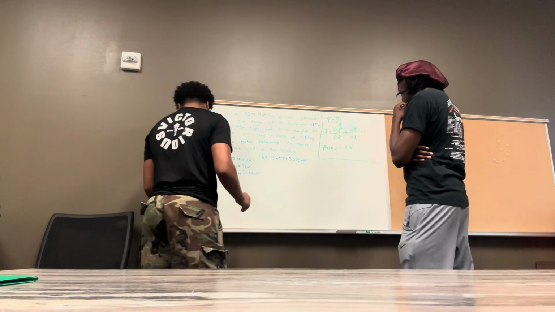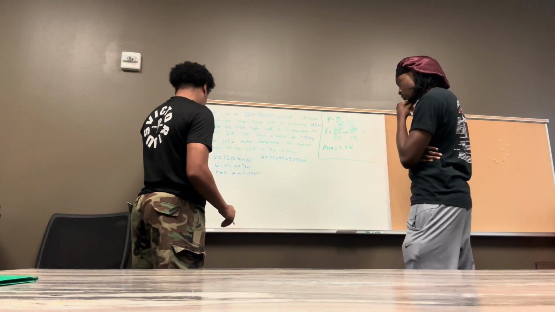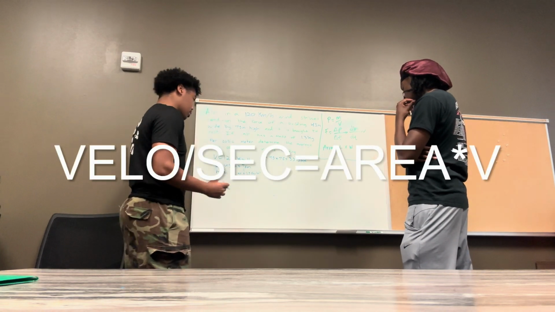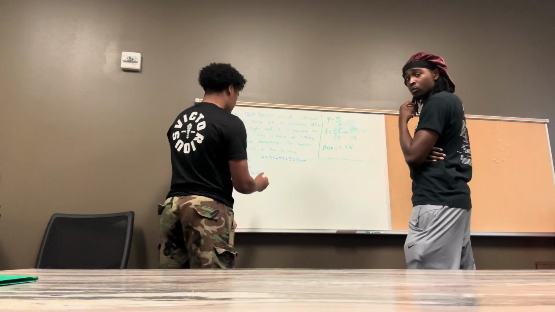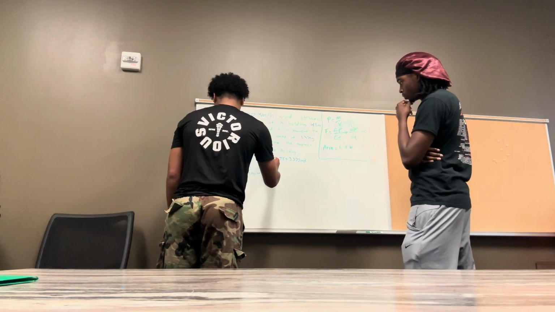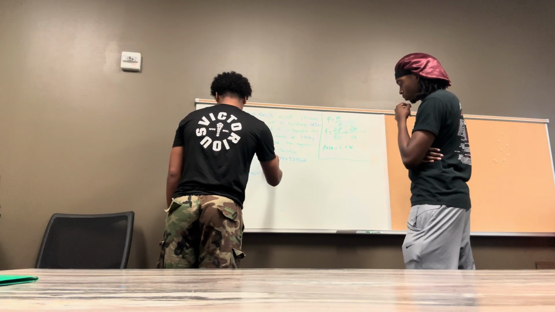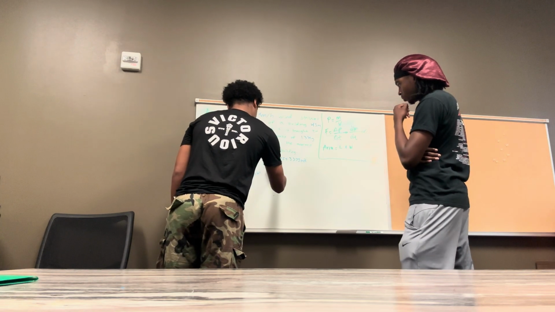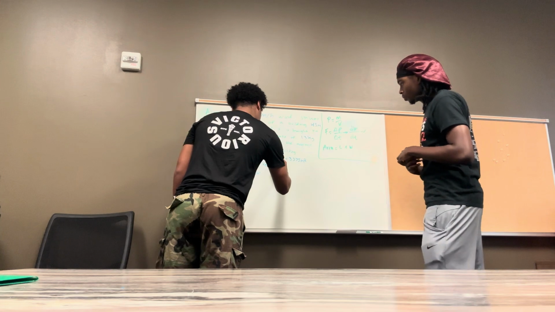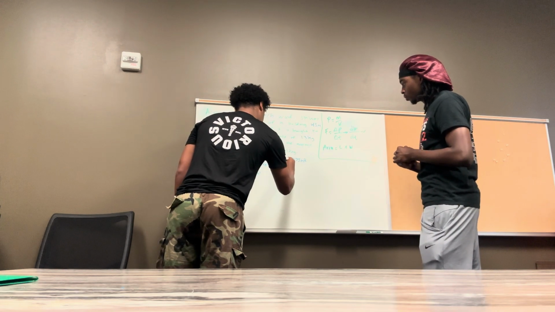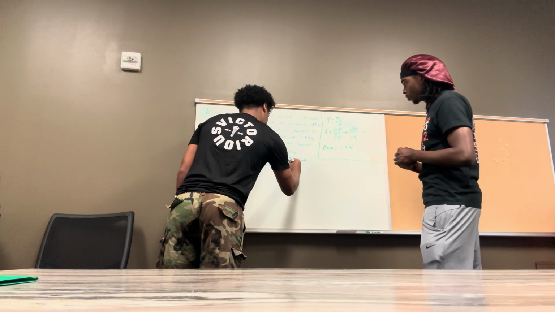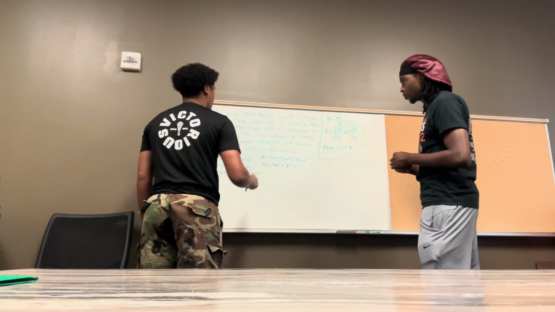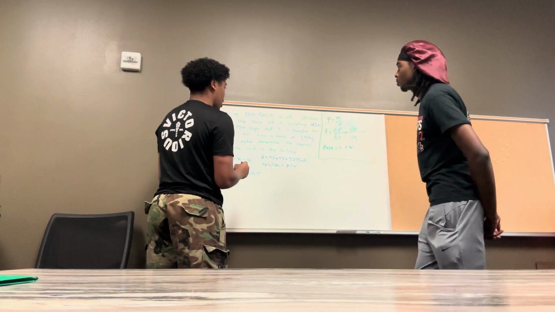Then after that, we can find our volume per second, which is derived from the area times the velocity itself. But in the question, our velocity is 120 kilometers per hour.